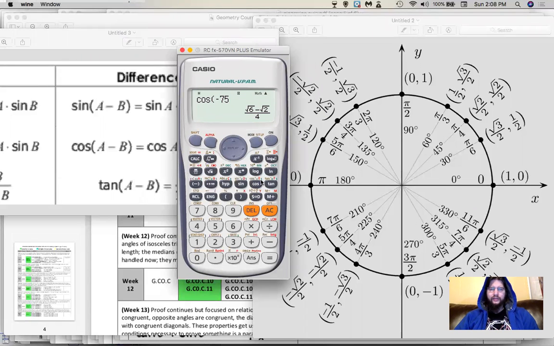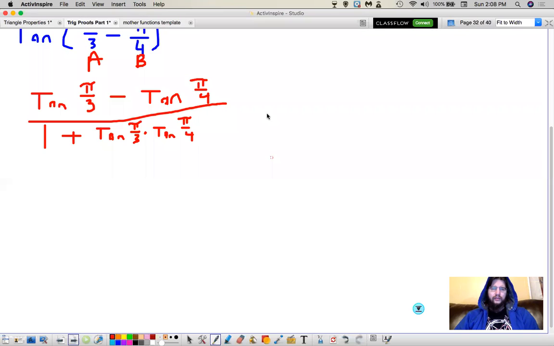Sine over cosine. And you'll use these enough that you'll eventually memorize them. I would suggest using the division symbol instead of a fraction inside of a fraction so you don't accidentally push the square root in the wrong spot. And you get square root of 3. So tangent of pi over 3 is square root of 3.